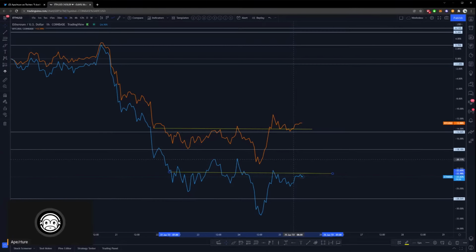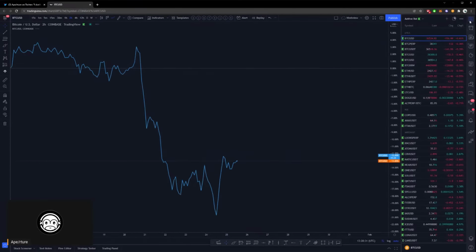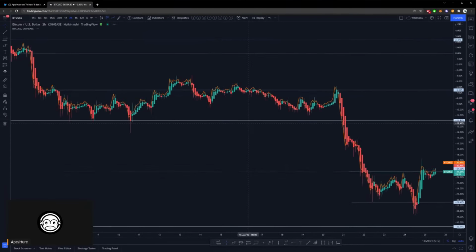So on a lower time frame, we see Bitcoin actually performing well. So it gives a little bit of a sign for strength relative to the market, and actually showing that if this can really push through, the market will get some strength again.